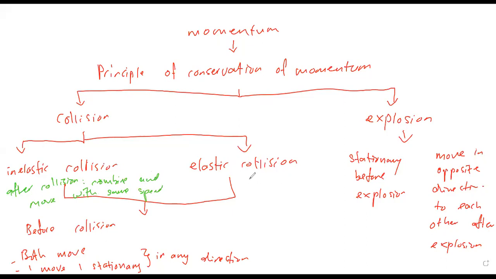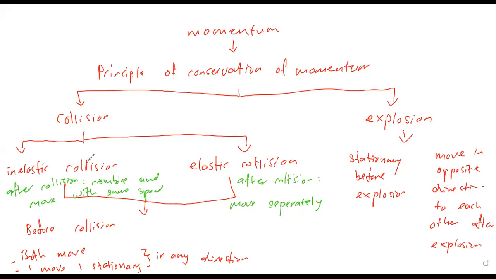In elastic collision, after collision, they will move separately. They can move with the same speed or with different speeds, normally different speeds. After collision, for the elastic collision, either one moves and one stops, or both move.